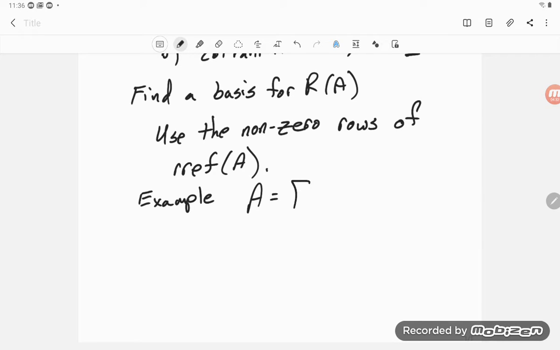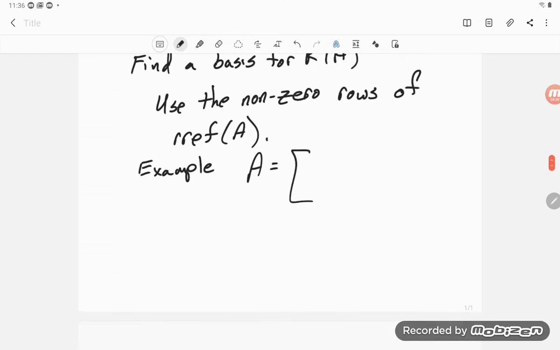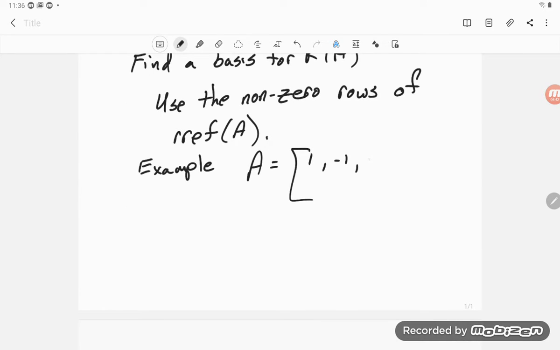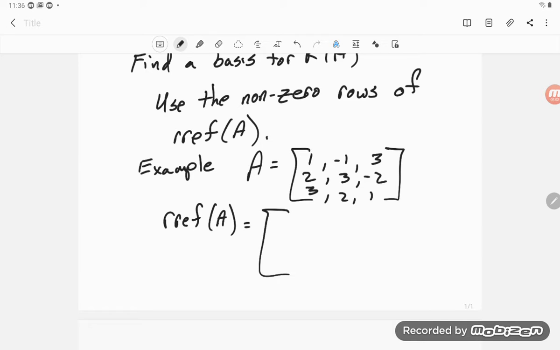If we let A equal the matrix with rows 1, -1, 3; 2, 3, -2; and 3, 2, 1, and I go find its reduced row echelon form, I get the matrix 1, 0, 7/5; 0, 1, -8/5; and 0, 0, 0.